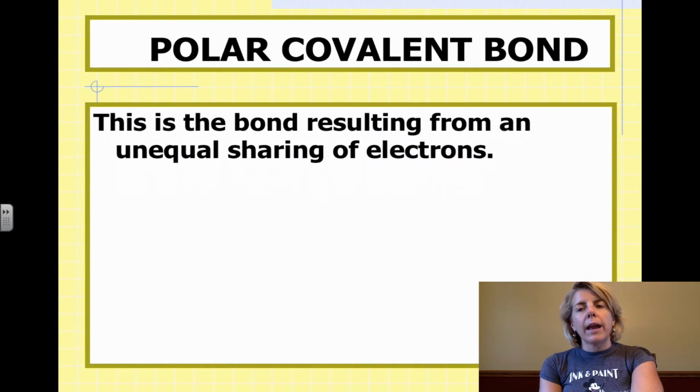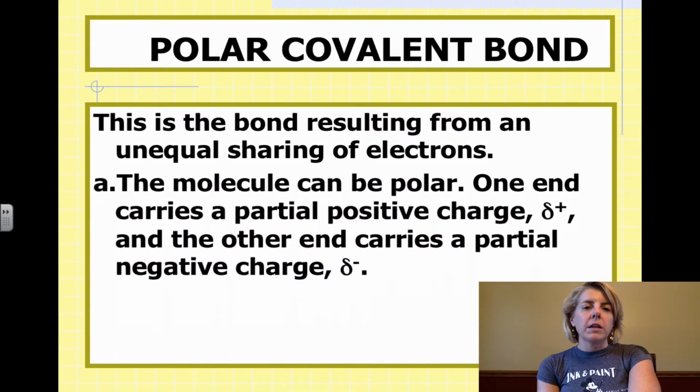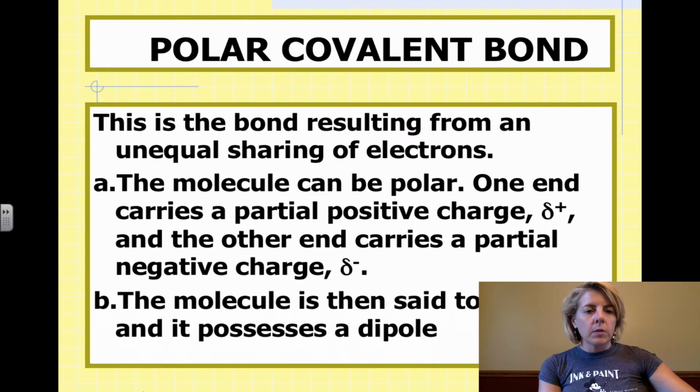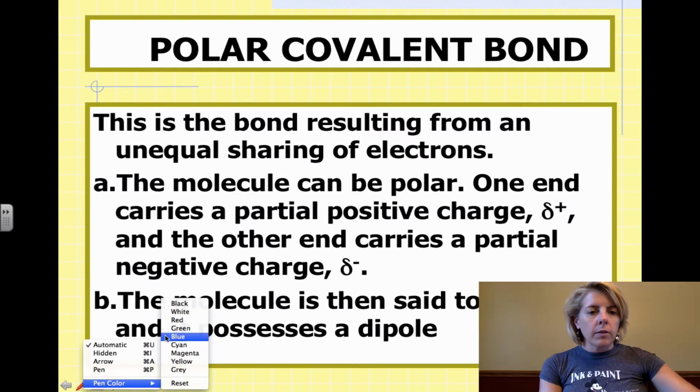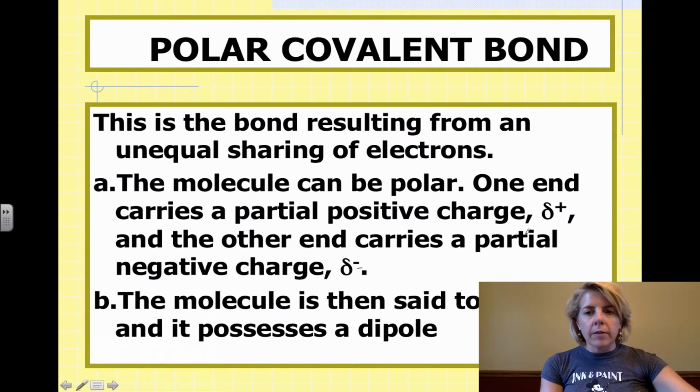Now let's go back to what is a polar covalent bond. Okay, so what happens is there are some atoms that don't play nice, and they actually hold on to their electrons more than usual. So we call it unequal sharing. Now with this unequal sharing, you essentially have a partial charge, and this partial charge has an interesting symbol to it.